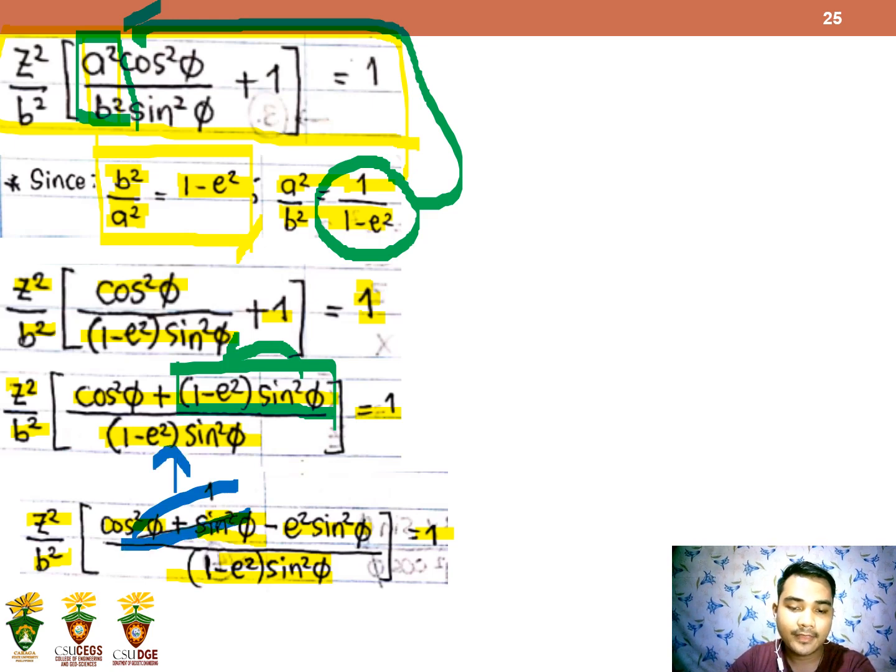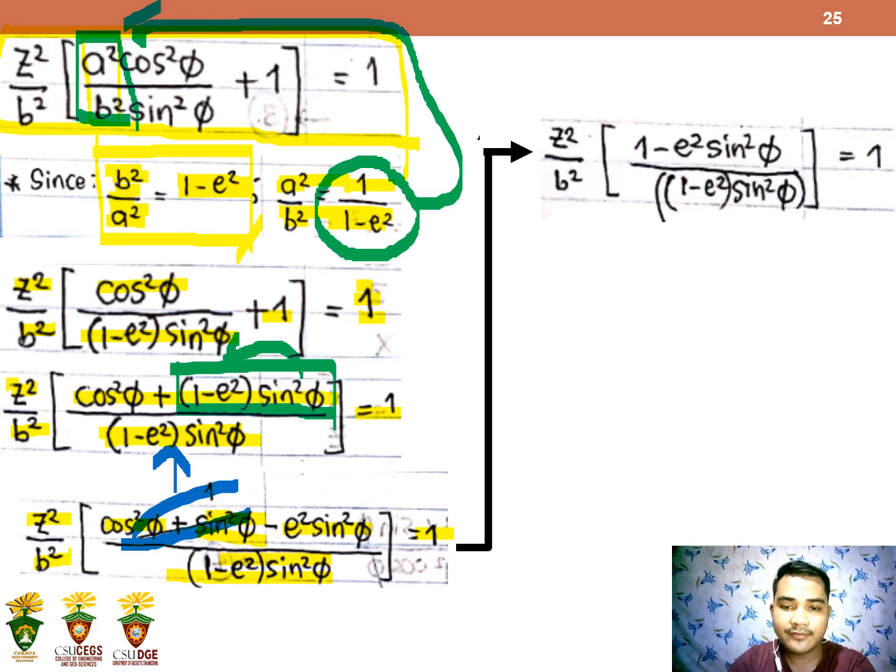So out from that, we have z squared over b squared times 1 minus e squared sine squared geodetic latitude all over 1 minus e squared sine squared geodetic latitude, and that is equal to 1.